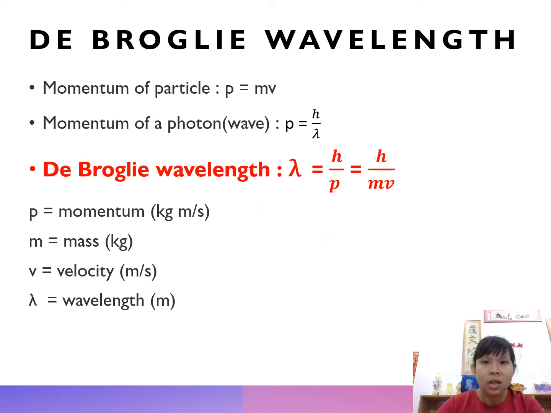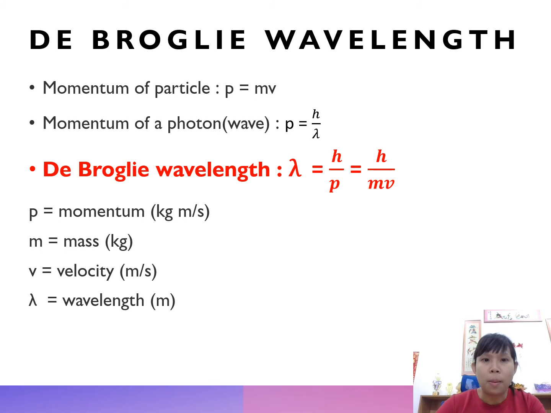Slowly, he introduced the de Broglie wavelength. When he introduced the de Broglie wavelength, he related the formula of the momentum of a particle and the formula for the momentum of a wave, such that for the momentum of a particle we have the formula p = mv, and for the momentum of a wave we have the formula p = h/λ.